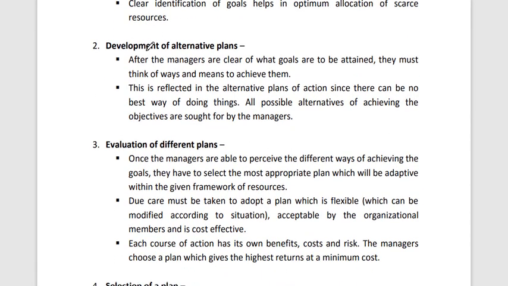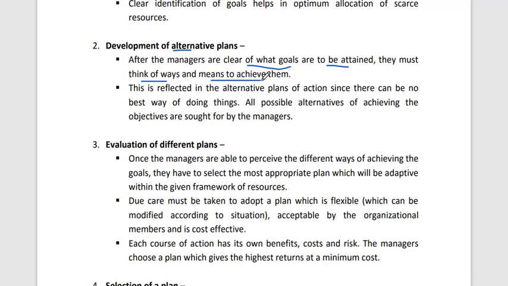Then next, development of alternative plans. After managers are clear about what goals are to be attained, they must think of different ways and means to complete them. Now we have made goals and objectives. For completion of goals, we have to think about how we can complete that goal.